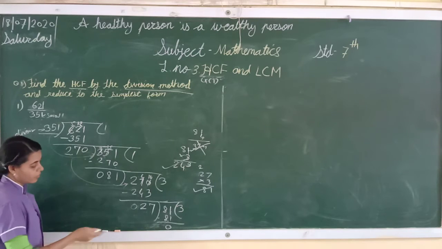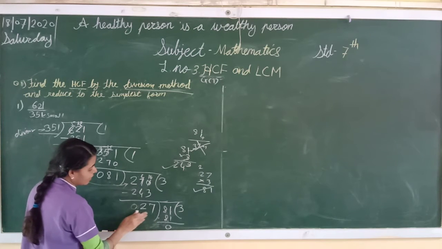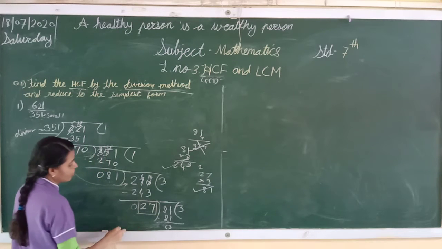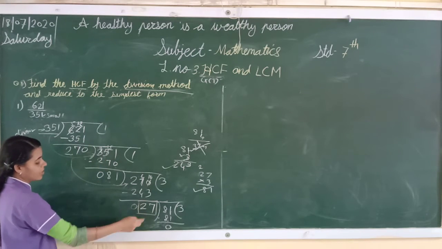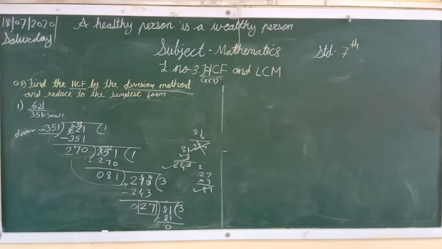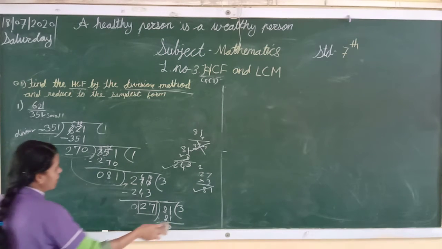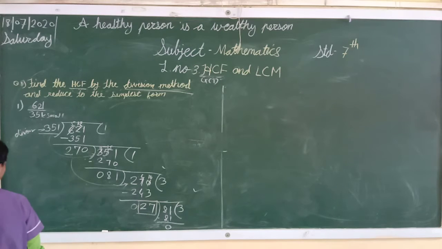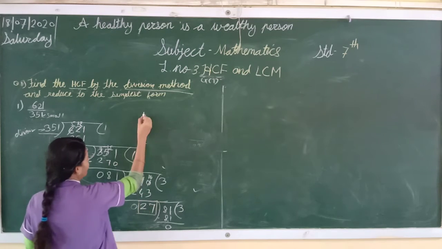So students, which is the last divisor? The last divisor is 27. So 27 is our HCF. Students, the last divisor is the HCF, the common.